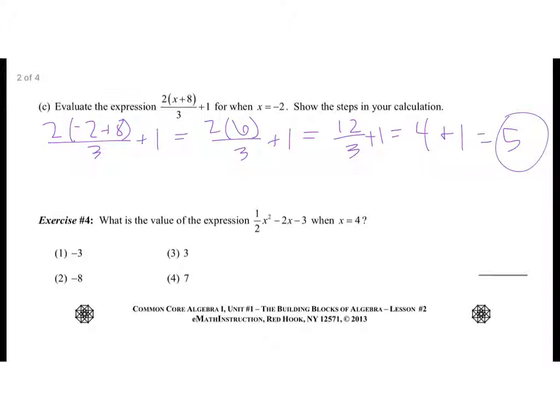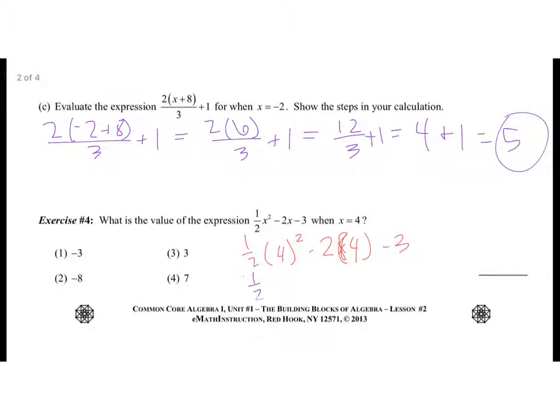And finally, exercise 4. What is the value of the expression 1/2 x squared minus 2x minus 3 when x equals 4? So you're going to do everything we did up above, except we're going to plug 4 in for x. So first thing we'll do is square 4.